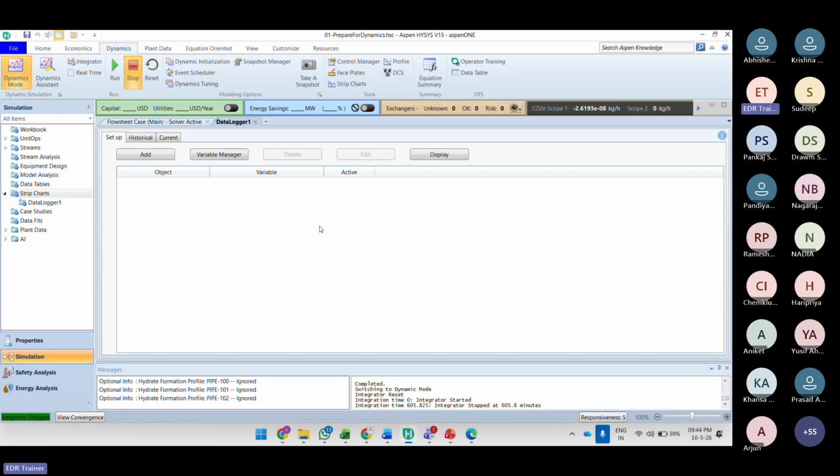Another important parameter is the pressure flow relationship. Pressure drop will create the flow in the system, and either you specify pressure or flow at the battery limit, and then you can see the effect of the disturbance of those parameters on the entire system.